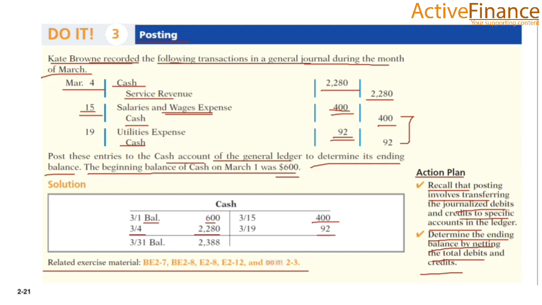When we subtract these credited amounts from the debited amount, the ending balance is 2380. So this was the ending balance of this transaction.